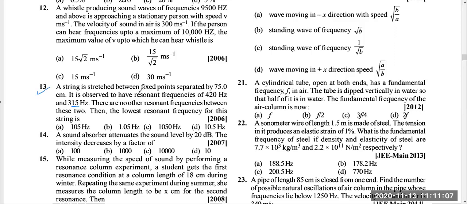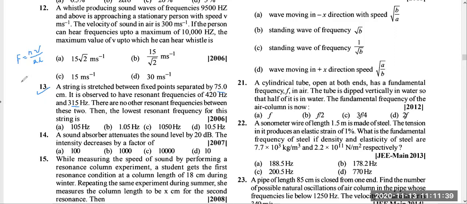Now, fixed between points means I can say that frequency is given by nv by 2L, right? As simple as that. I'll start with very basic. It is said that the resonance frequencies are this and this, separated by 75 centimeter, right?